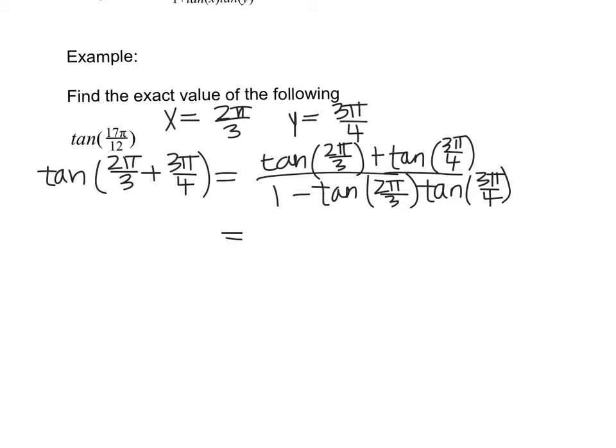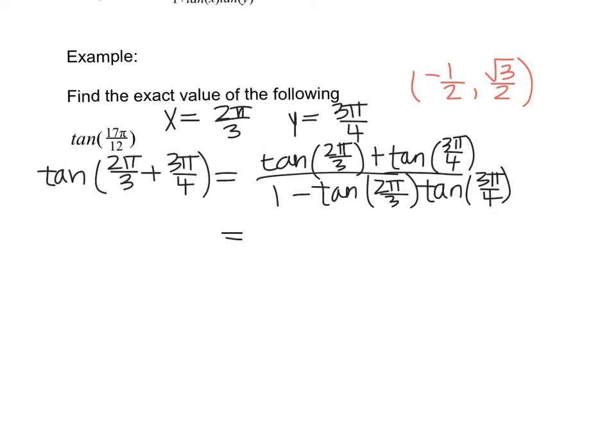So let's start with tangent of 2 pi over 3. So on the unit circle, 2 pi over 3 is the point -1/2, radical 3 over 2. Tangent of that is going to be sine over cosine.